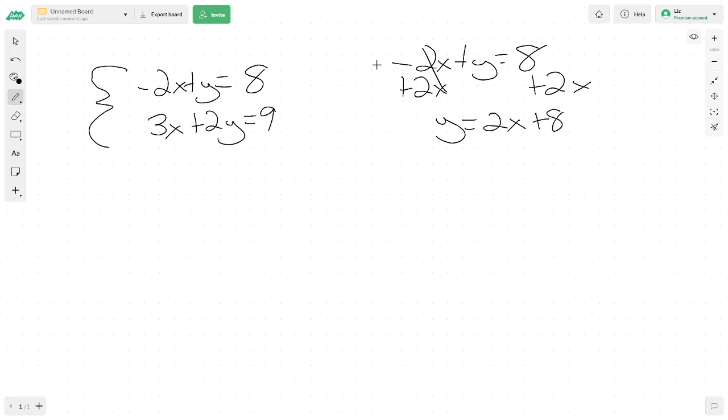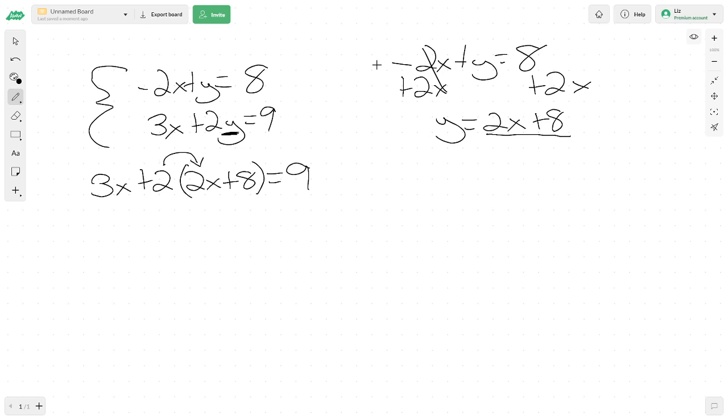So now I can take this and plug it in for this y right here. That leaves me with 3x plus 2 times this whole thing, (2x plus 8), equals 9.